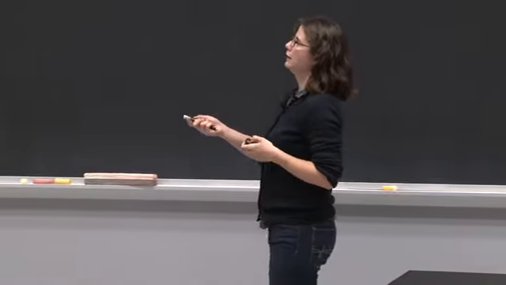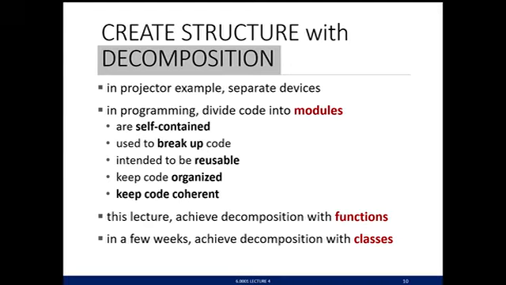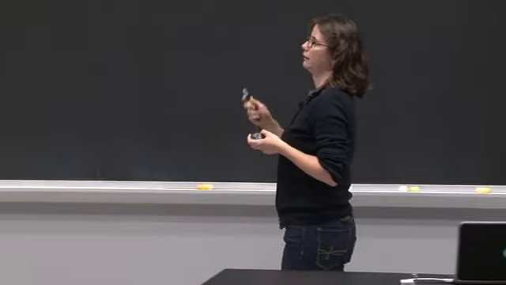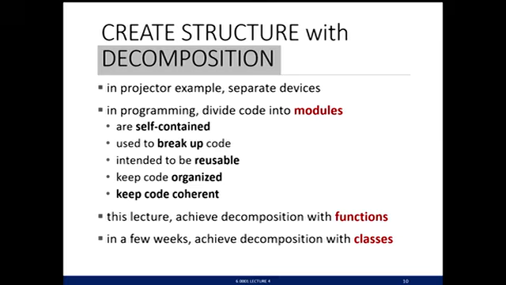Okay. These modules can be used to break up your code. And the important thing is that they're reusable. So you write a module once, a little piece of code that does something once. You debug it once. And then you can reuse it many, many times in your code with different inputs. Okay? Benefit of this is it keeps your code organized, and it keeps your code coherent. Okay?